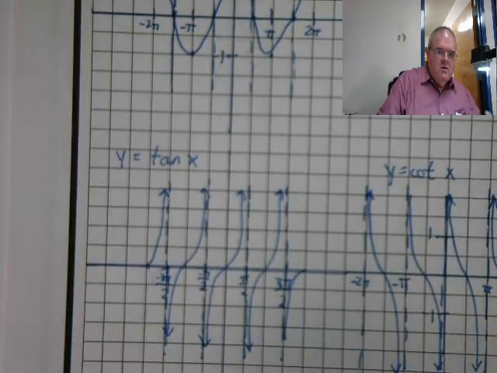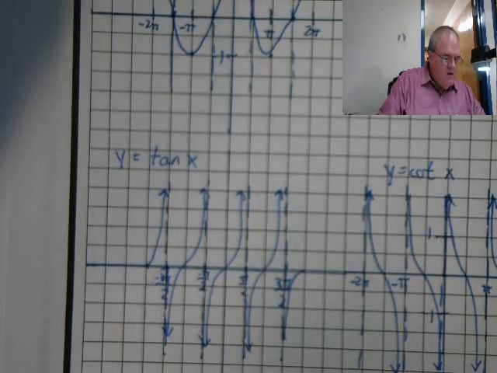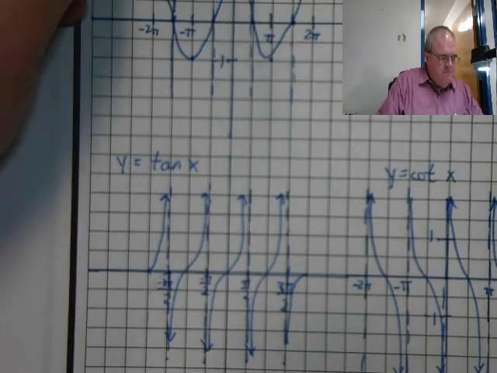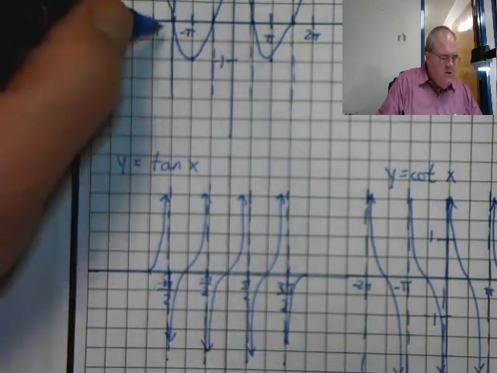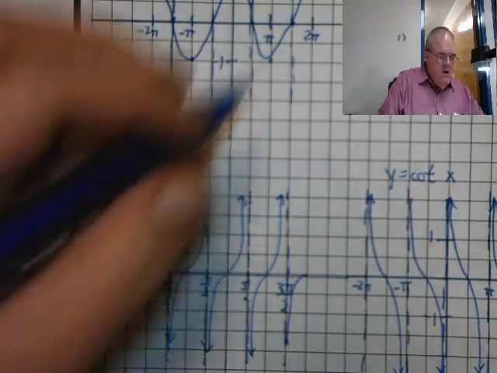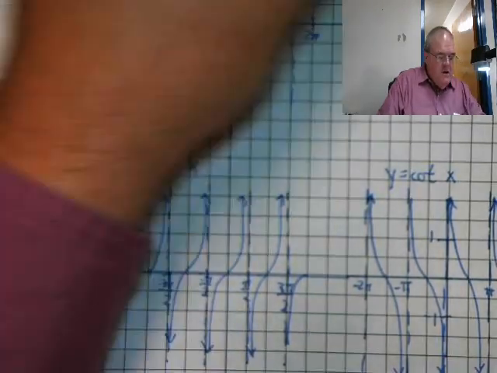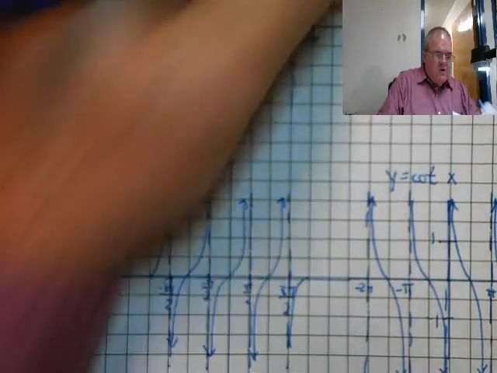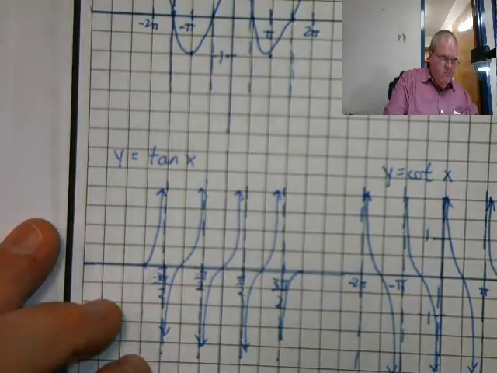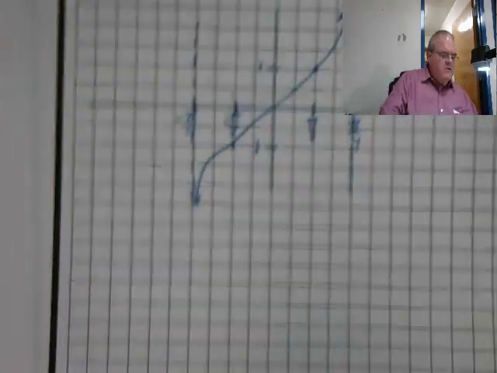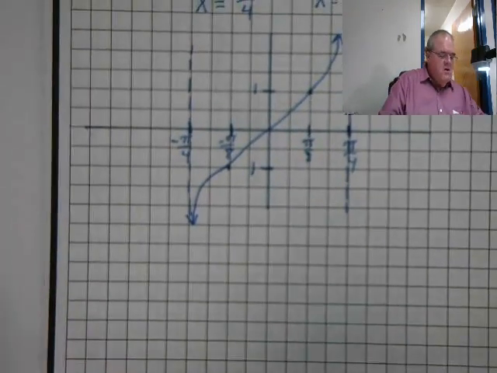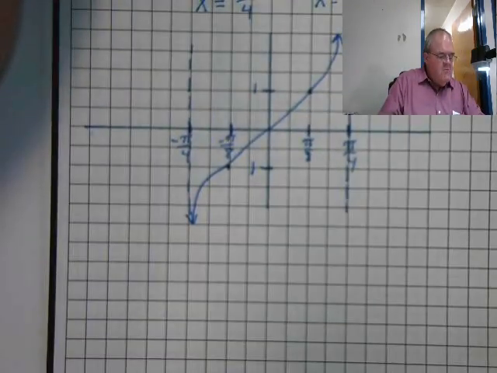So in this video, what we've gone over is we've looked at what y equals tangent of x looks like. We've looked at what y equals the cotangent of x looks like. We have graphed the general equation of y equals tangent of bx.